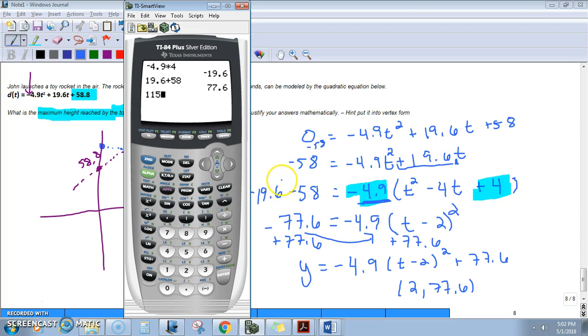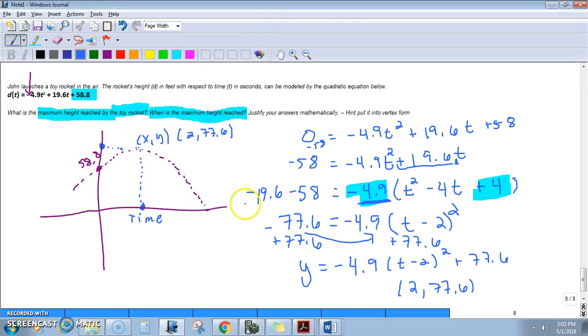I did negative 19.6 minus 58.8, and that's why we check things, and if you check on your test, you may catch an error like this. 19.6 plus 58.8, boom, 78.4.